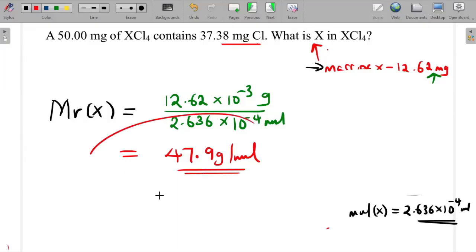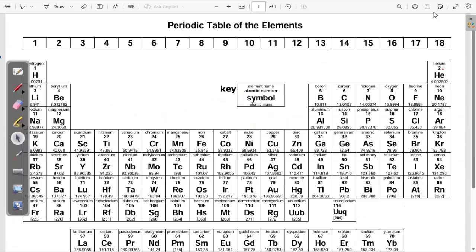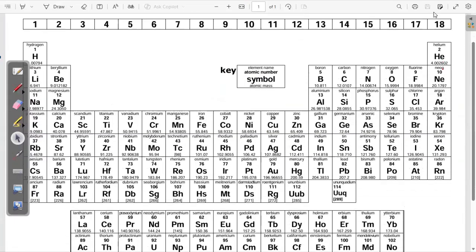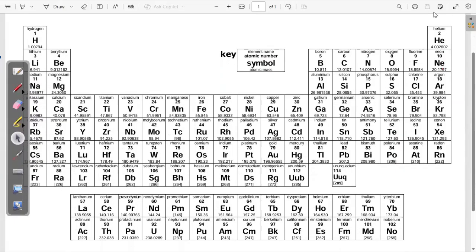And then now, once you find the molar mass, you go on your periodic table and look for an element that has a molar mass that is closer to 47.9. Okay, so let's do that. When I go to this periodic table, I'm looking for an element that has approximately the molar mass 47.9 somewhere there.